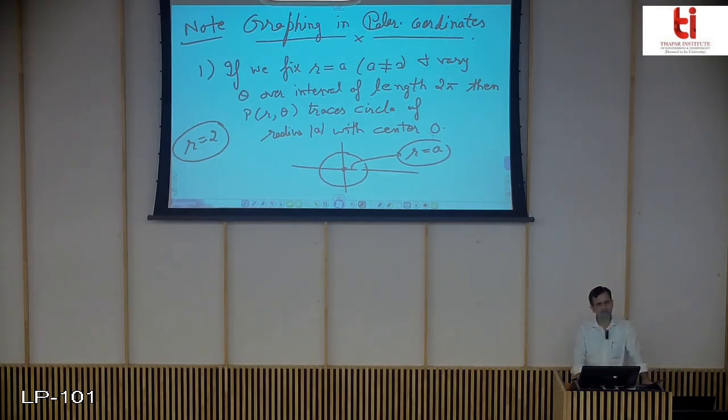So r equals 2, if it is given and theta is not mentioned or specified, it simply means it is a circle of radius 2 units. r is 3, 4, whatever. Even if r is negative, that is say r is equal to minus 2, even that traces a circle of radius 2. So this is your first note.